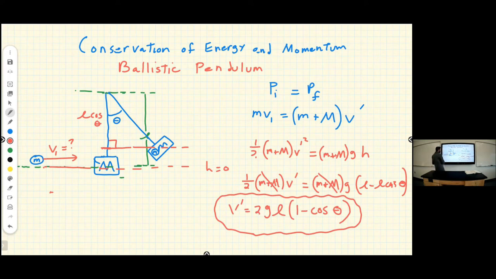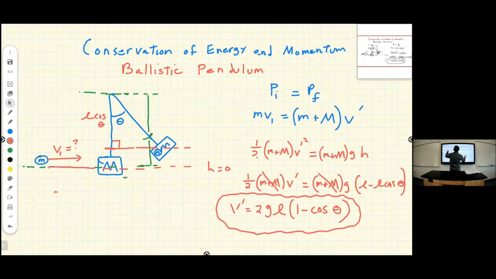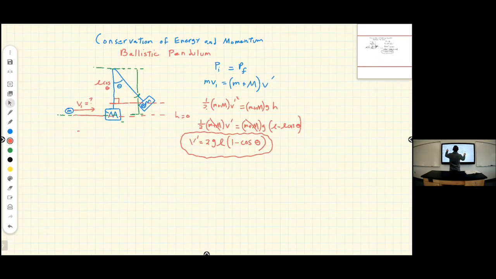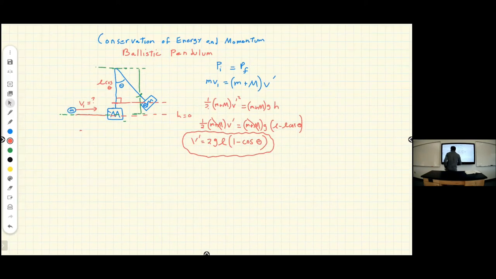What we can then do is plug that into this momentum expression, which I'll copy down below again, and then we can solve it for V1. So let's shrink this just a bit and move it up. And then, whoops, let's take a look.